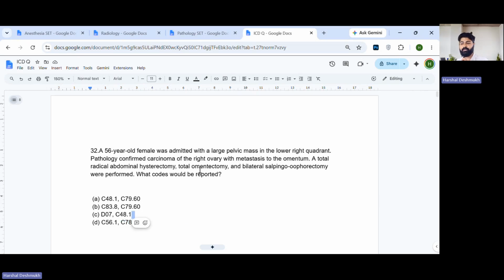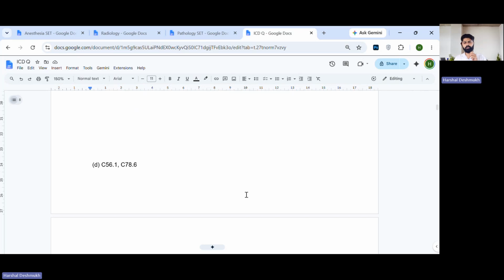You're going to quote two carcinomas over here, and one is primary and the other one is secondary. Moving on to the next question.